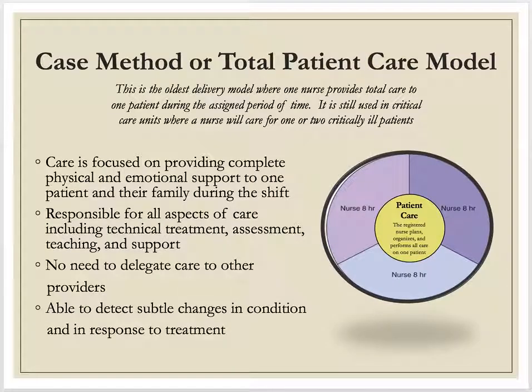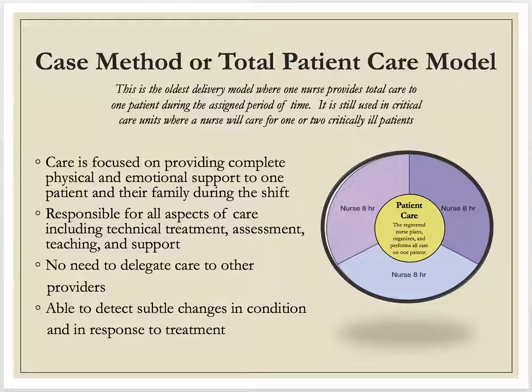First method I'm going to talk about is the case method or total patient care method. This is the oldest delivery model where one nurse provides total care to one patient during the assigned period of time. It is still used in critical care units where a nurse will care for one or two critically ill patients.